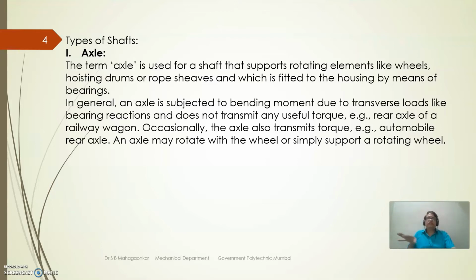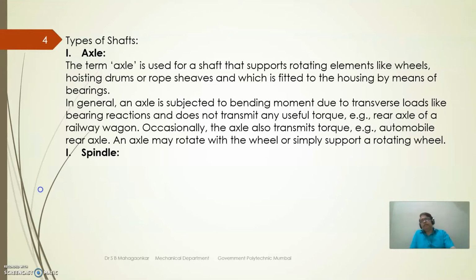It will transfer only the bending load, and whatever load you get on the shaft or the axle, it will transfer through the bearing to the ground. So it transmits only the reactions and acts as a supporting member. An axle may rotate with a wheel or simply support a rotating wheel.